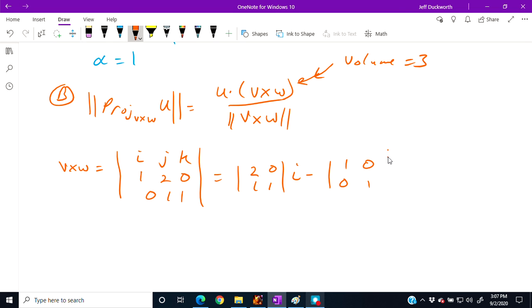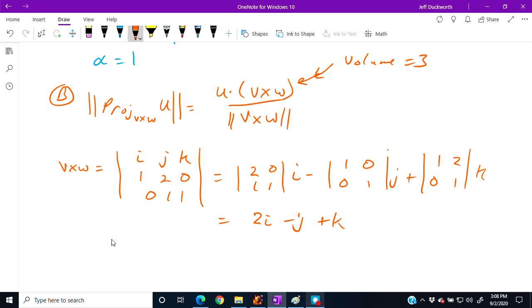This one's j. All right, so our determinants of each of these, so this looks like 2i minus j plus k. All right, so that's what we have.